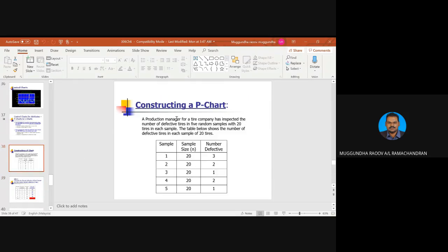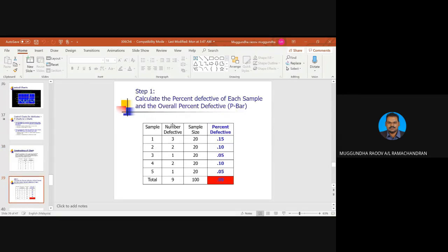Now we are plotting the P chart, class. Here is the number of defective, and the sample size is here. So the percentage of defective, this one is 0.15. The total is actually 9 over 100, so we have to divide. Overall it is 9 over 100. This one is 3 over 20.